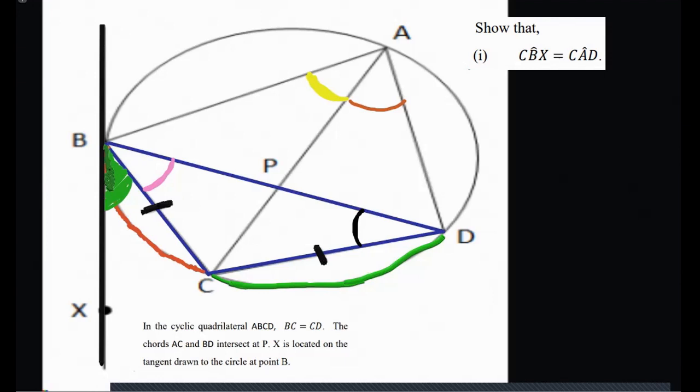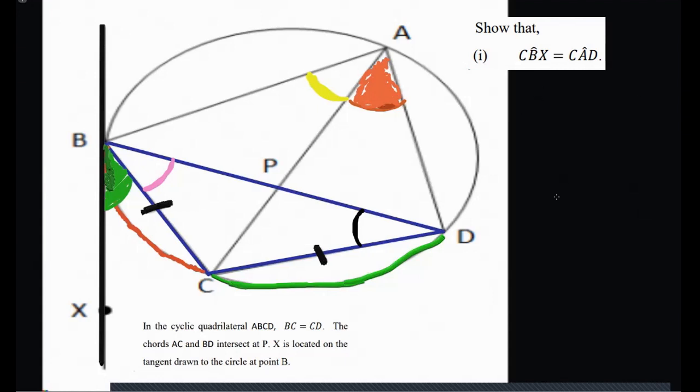That is the angle that, let me color that in orange. You have been asked to prove that this green angle is equal to the angle I'm coloring now in orange. All right, how do we do it?